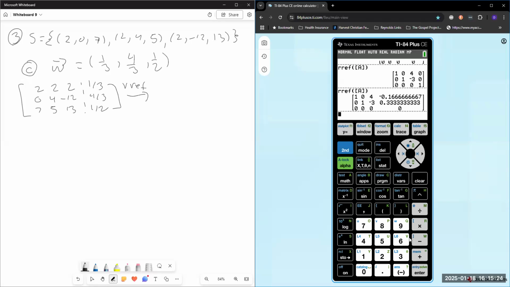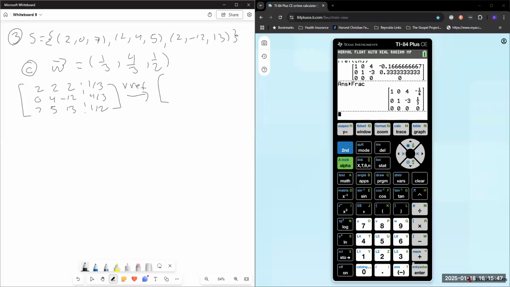And I'll change that to a fraction for you. Just remember that if you use the answer to fraction command, you're not going to just have second entry. You have to go back 2 commands to get to your RREF. So math, answer to fraction. We're going to get that this is 1, 0, 4, -1/6, 0, 1, -3, 1/3, 0, 0, 0, 0.